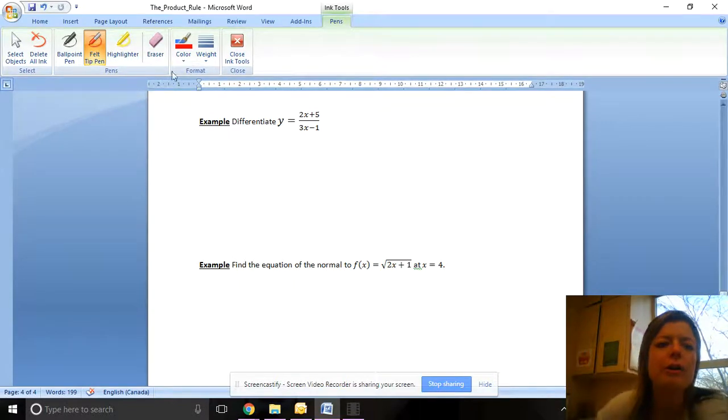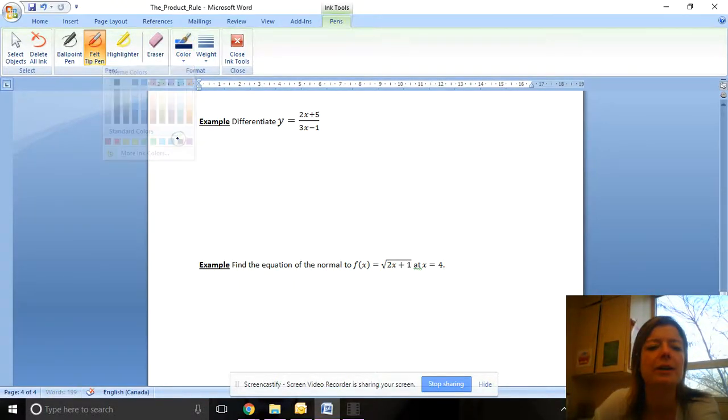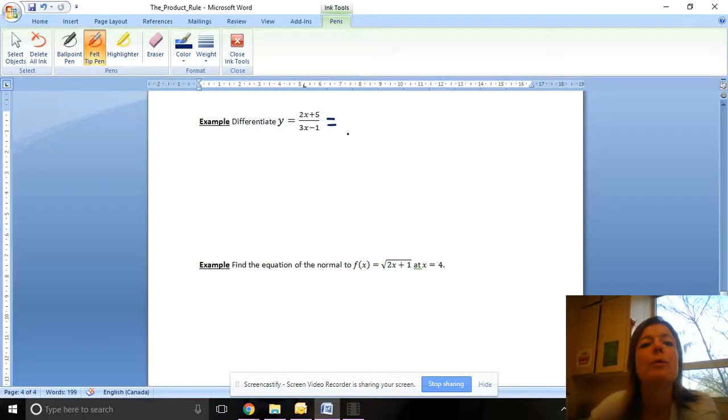So tomorrow, or in the next video, whatever that is, you will actually learn what's called the quotient rule, which will tell you how to deal with stuff like this. But you can still actually deal with this using the product rule. And understanding how to do that will help you when we actually prove the quotient rule tomorrow. So you can rewrite this as a product of 2x plus 5 times 3x minus 1 to the negative 1.